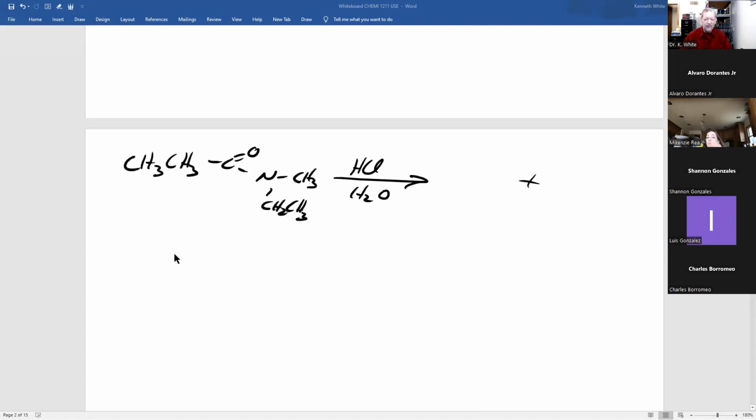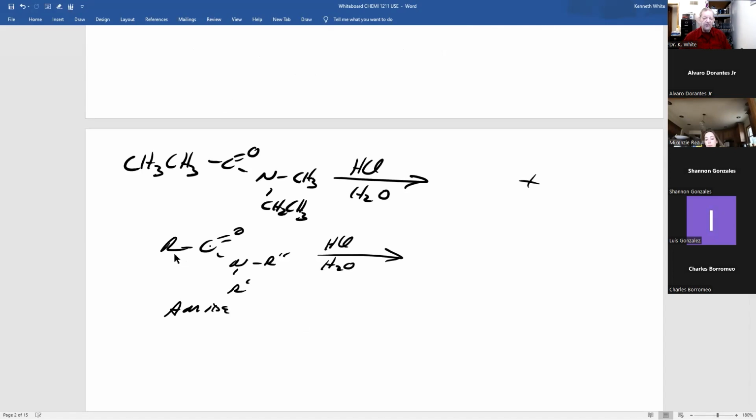All right, let's do this. What do we have that's different? Ooh, oxygen, nitrogen, carbonyl. Carbonyl has nitrogen. On the nitrogen, I have R prime, R double prime. On the carbonyl, I have R. It's an amide. And we are now reacting with acid, HCl, water.